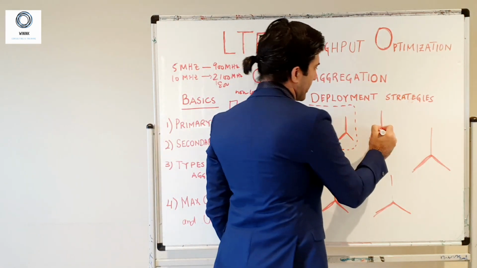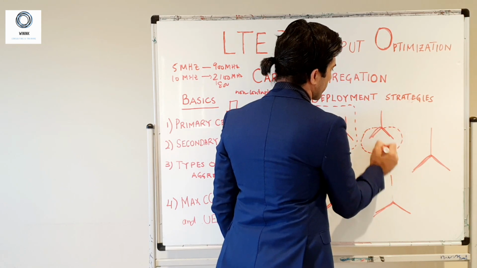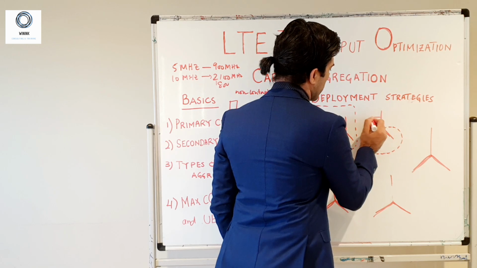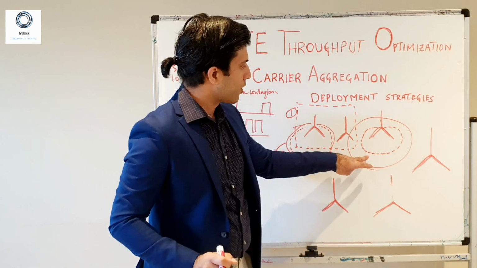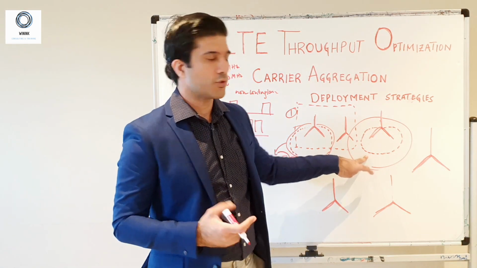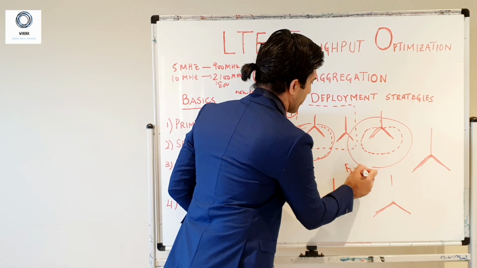The second strategy is that you basically use the interband carrier aggregation, and in the interband carrier aggregation you can have a strategy like this. This is your basically F2, and F2 is greater than F1.